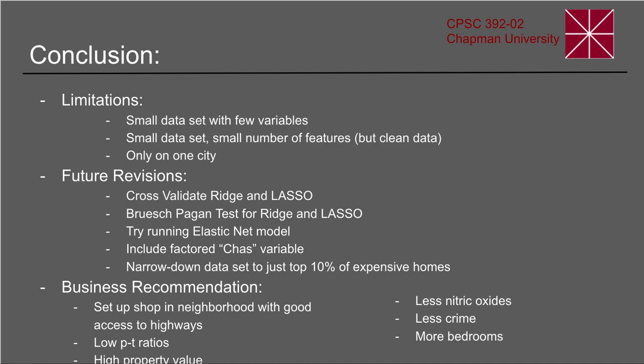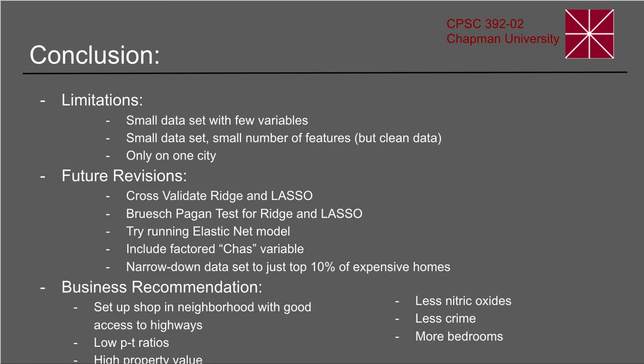So if I could, I would go back, do a few revisions, and these might be cross-validating ridge and lasso models, implementing a Breusch-Pagan test for ridge and lasso to see if the model was heteroscedastic, and see if I might be able to correct that.